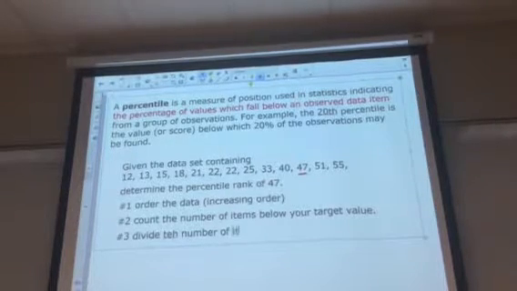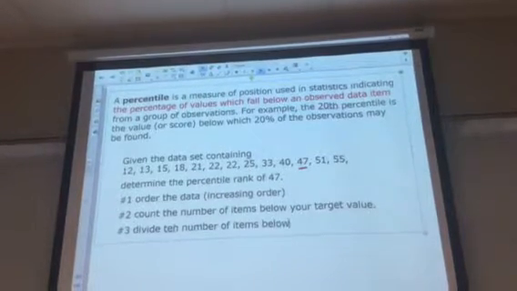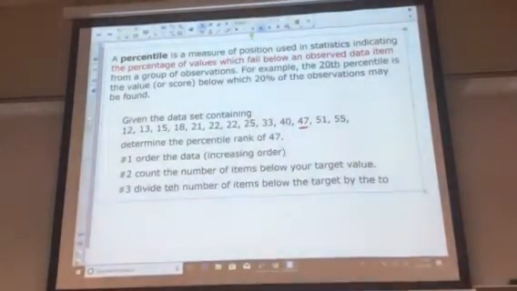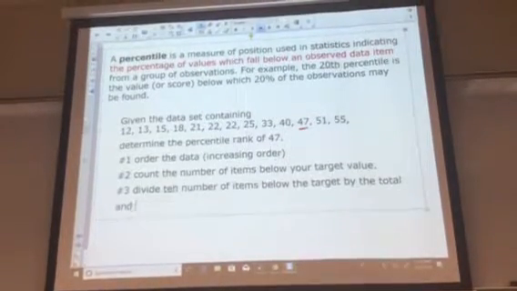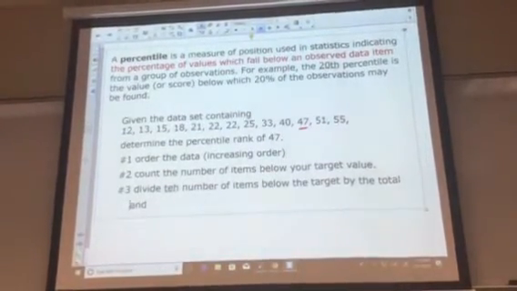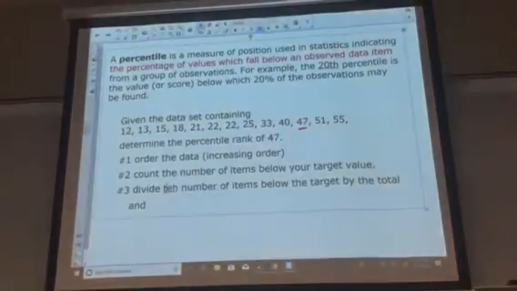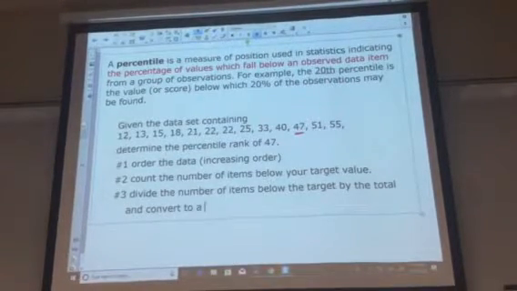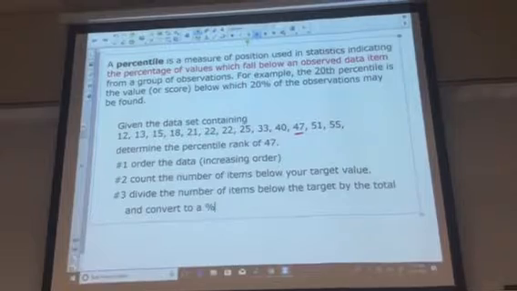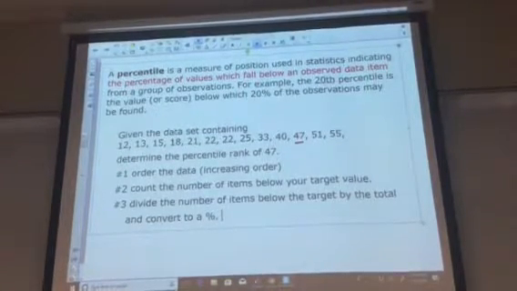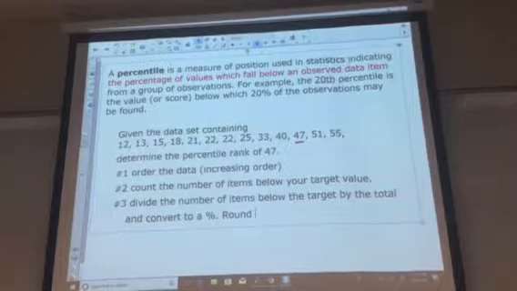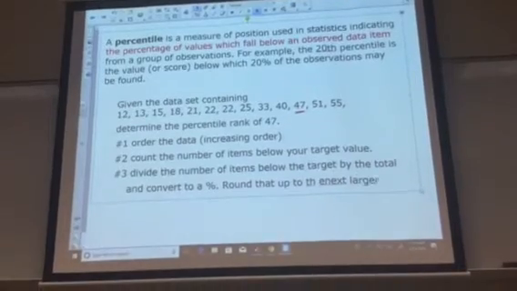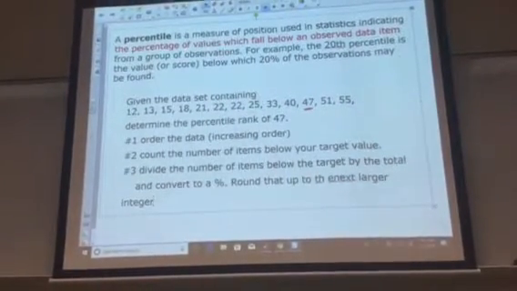Divide the number of items below target by the total. And yes, I'm gonna fix that misspelling up there. I know it offends you too. Convert to a percent. Round that up to the next larger integer.